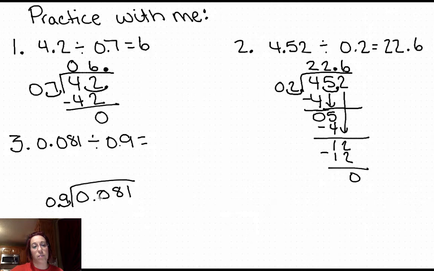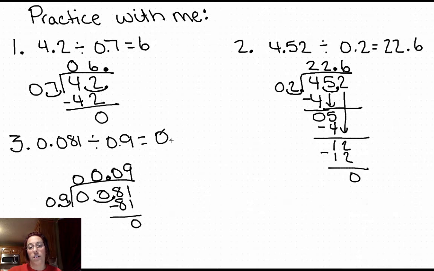We move it one space, we come in here, we move it one space, and slide it straight up. 0, 0. 9 cannot go into 8, but 9 can go into 81 9 times. So our answer is 9 hundredths.